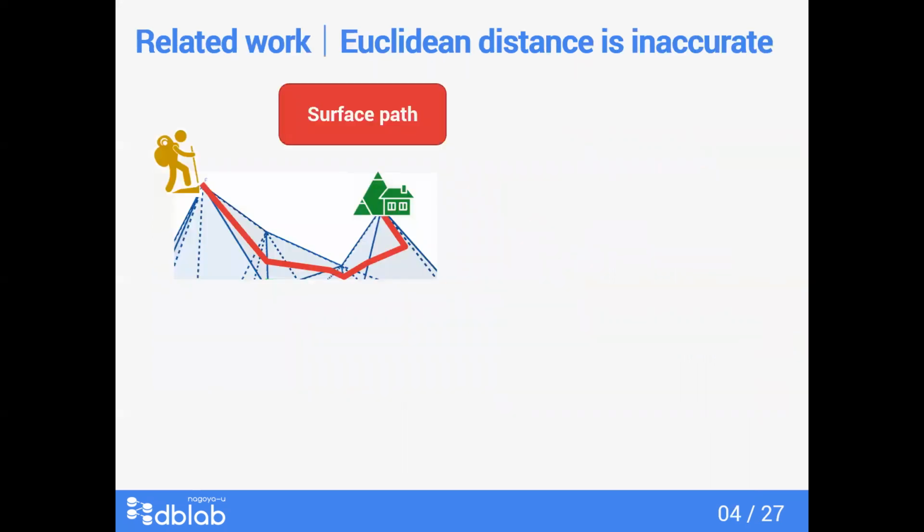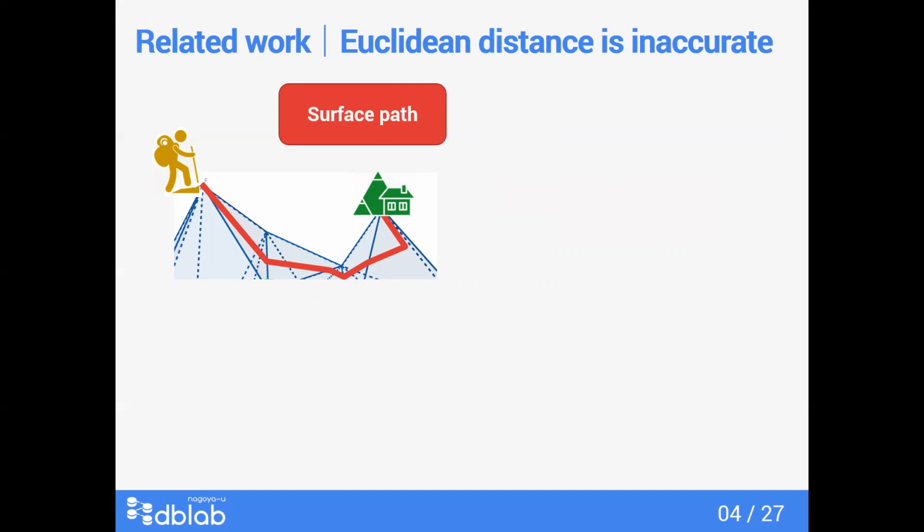Existing studies like spatial skyline queries use the Euclidean distance between 2 points as the travel distance, but there is a problem with this distance. For example, when the yellow person goes to a certain location, he or she naturally needs to walk on the surface of the terrain.